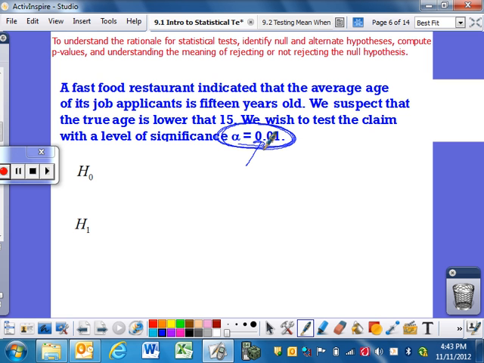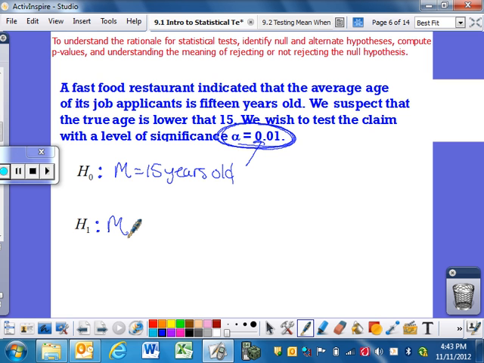Okay, and I'm going to talk about that magic number a lot more in a little while, but every problem you need to figure out these three things, and that's why I want to practice this. The null hypothesis, what does this restaurant claim? The average age is 15 years old. What do we feel is?